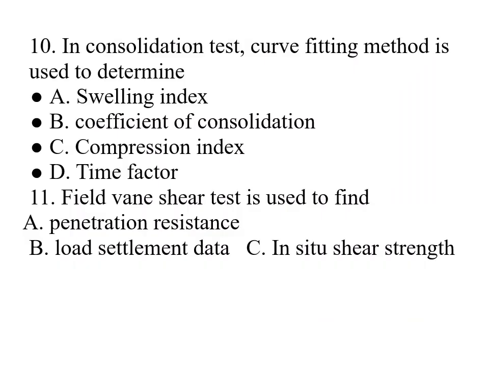And question 10, in consolidation test, curve fitting method is used to determine the coefficient of consolidation. Coefficient of consolidation means coefficient of permeability by coefficient of compressibility into density of water. 11th question, field vane shear test is used to find, option C is the answer, shear strength.